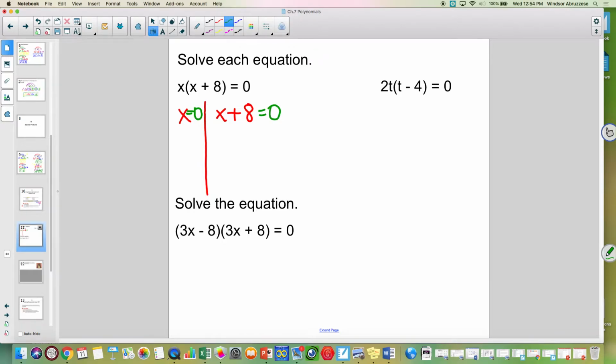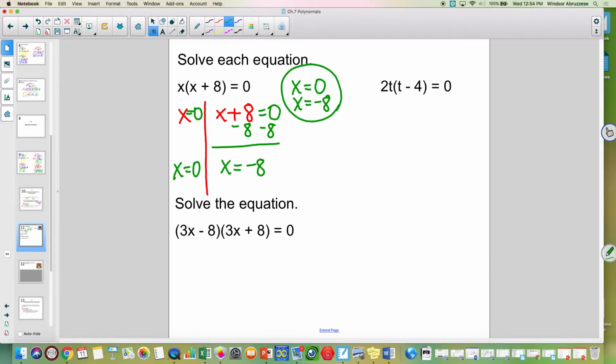So on the first one, I don't have to do any work. x is equal to 0. On the second one, I have x plus 8 equals 0. Well, just solve this equation. x equals negative 8. So my roots, or my solutions to this equation, are x equals 0 and x equals negative 8. Those are my x-intercepts, my solutions, my roots, whichever word you choose.